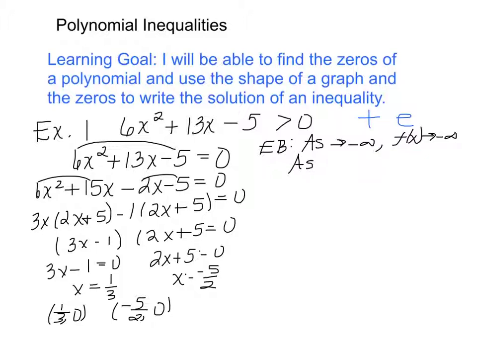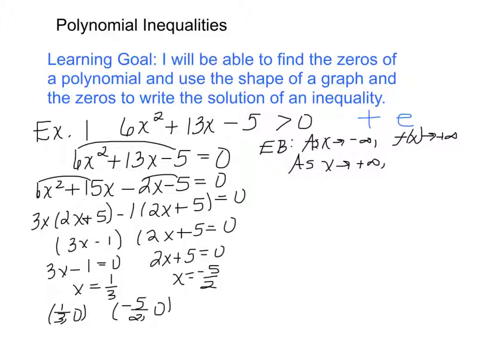As x, I forgot the x, as x approaches positive infinity, it was supposed to be positive infinity.